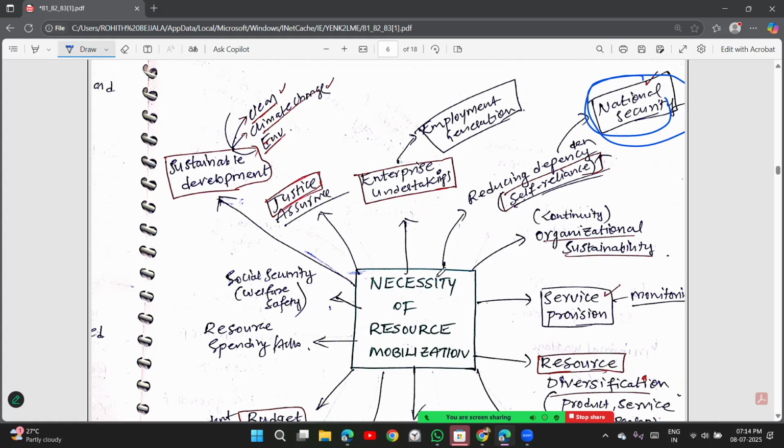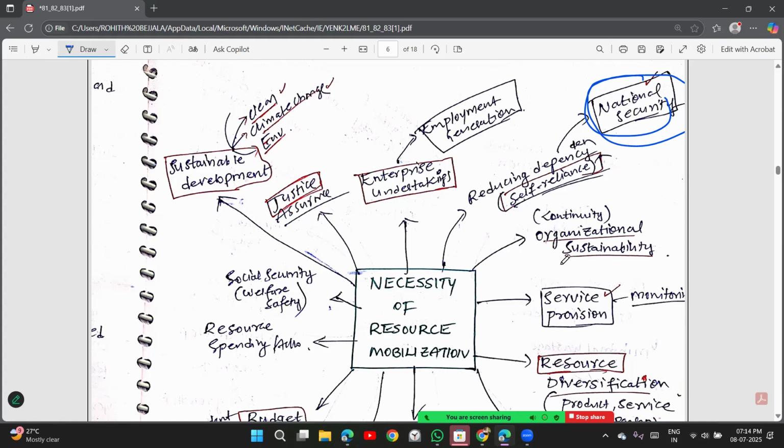The other point is, if resources are properly mobilized, then it will impart stability to an organization. For example, the lower level grassroots, like panchayats. If the resources come properly from the government to the panchayat, then the organization will be stable.